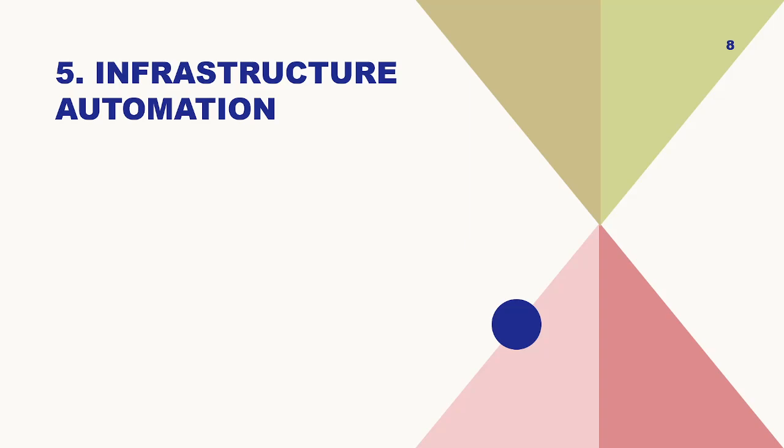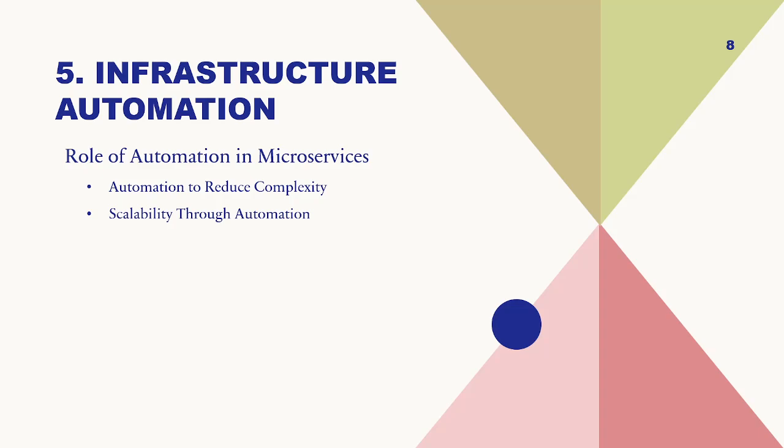Now let's talk about the infrastructure automation attribute. Role of automation in microservices. As microservices increase in number and complexity, automation becomes essential for managing the system efficiently. Manual deployment and management of each service is time consuming and prone to human error.